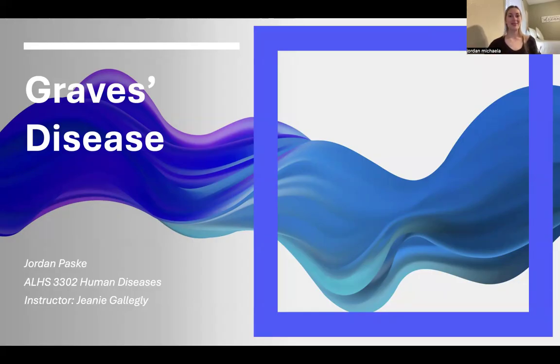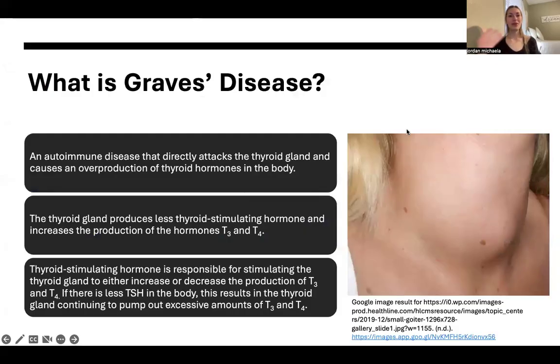So let's get started. What is Graves' disease? It's an autoimmune disease that directly attacks the thyroid gland and causes an overproduction of thyroid hormones in the body. The thyroid gland produces less thyroid stimulating hormone and increases the production of thyroid hormones T3 and T4 specifically.